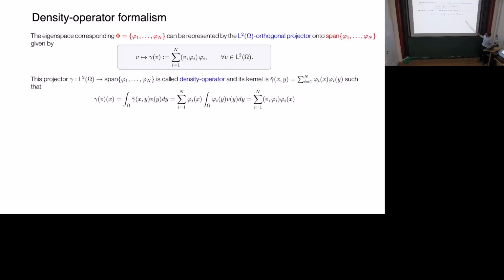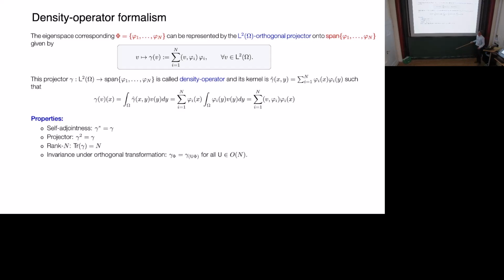And so you can also give its kernel, this gamma hat. Yeah? This is the sum of phi_i(x) phi_i(y). Why? Because this, as being the definition of the kernel here, we write it like this. We substitute this sum in here. And we see here we have the L2 scalar product. That's this term. That's the one here. And this one is remaining.